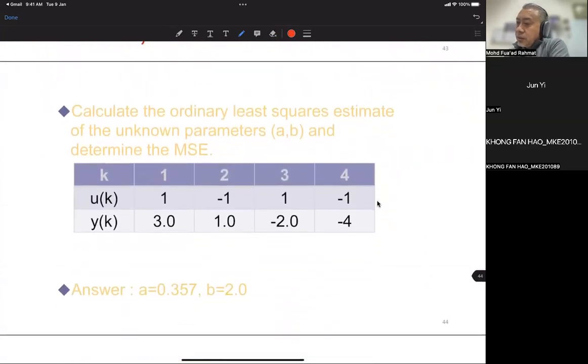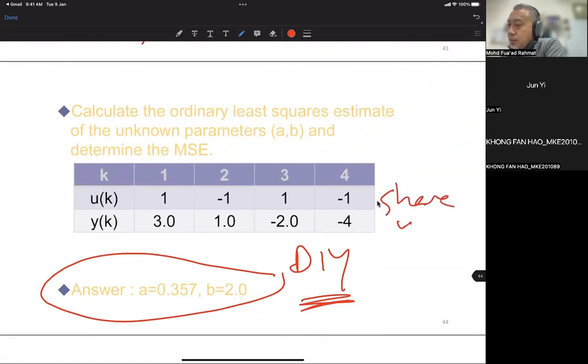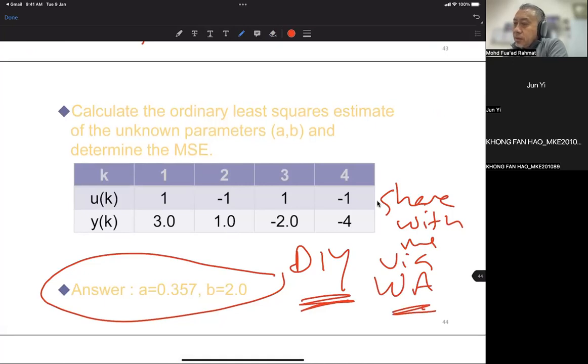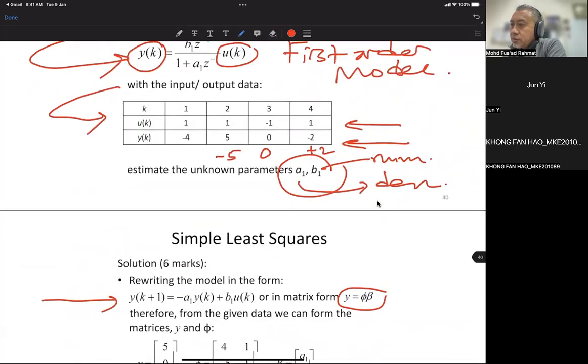This one is DIY. I hope you can do it for yourself, and then share your answer with me via WhatsApp, using the simple least square. And then find this one as well.